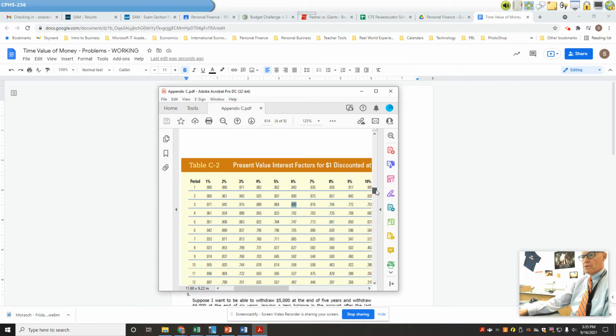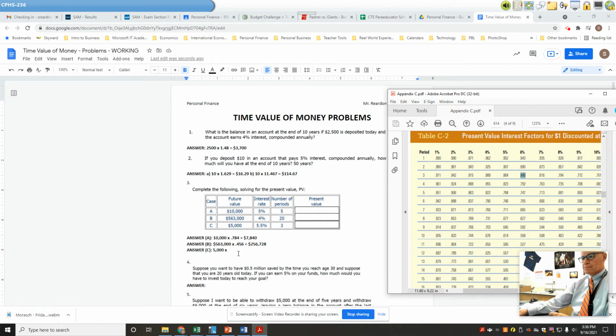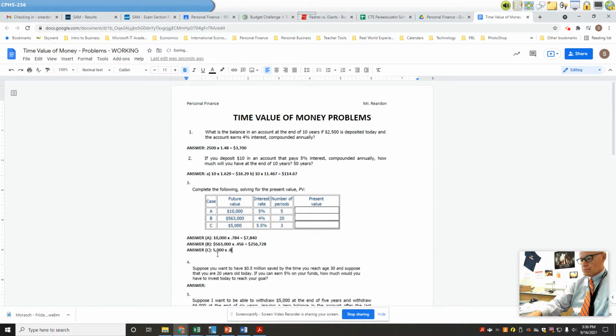So we already went between 5% and 6% after 3 years. I would take those two and average them and come out with 0.852. Now you can calculate that: 0.864 plus 0.84 divided by 2, 0.852 is our discount rate.